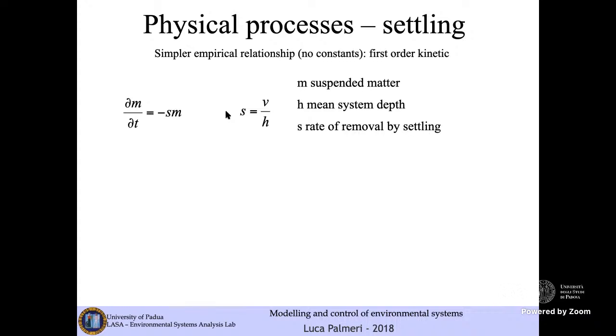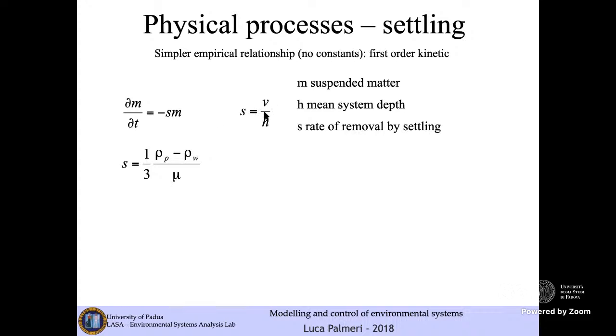Rate of removal by settling may be explicated as the ratio between the settling velocity and the depth of the system, h. In this case, of course, you know that the solution of this first order differential equation is an exponential decreasing model.